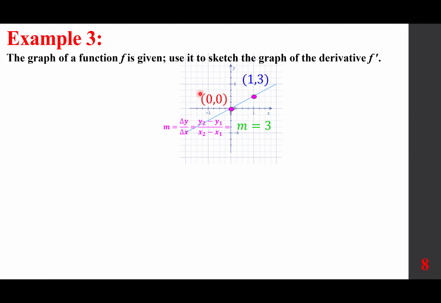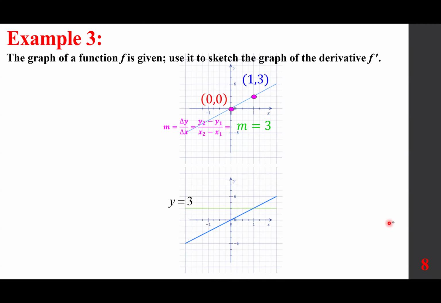So for any line, if you want to sketch f prime, calculate the slope, y equals the slope, which is a horizontal line, is the graph of f prime of x.